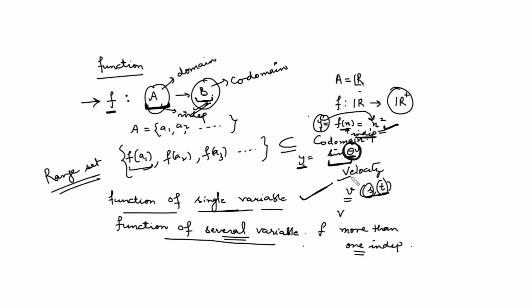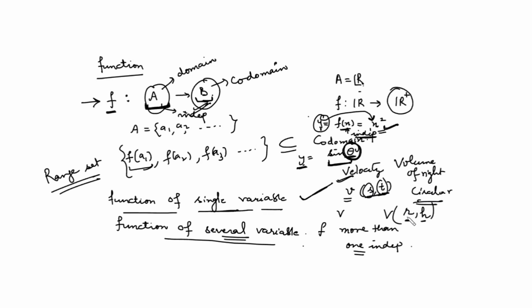For example, velocity depends on distance as well as time. Consider the volume of a right circular cylinder. What does the volume depend on? Height and radius. So it's a function of two independent variables, radius and height.